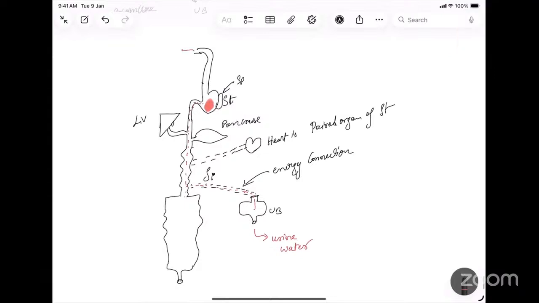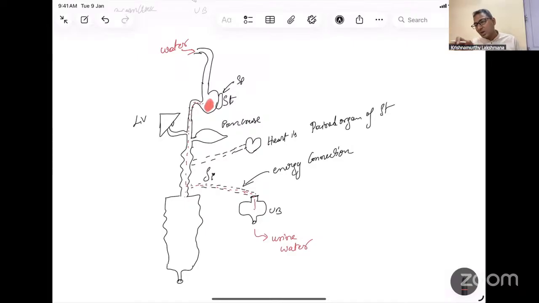Stomach. Now, if there is excess heat in the stomach, will that water, which is processed in the stomach and sent throughout the body and comes out in the form of urine, have some amount of that heat which the stomach had? Yes or no? Yes, it will be there.